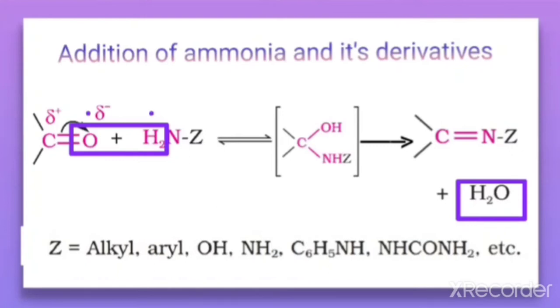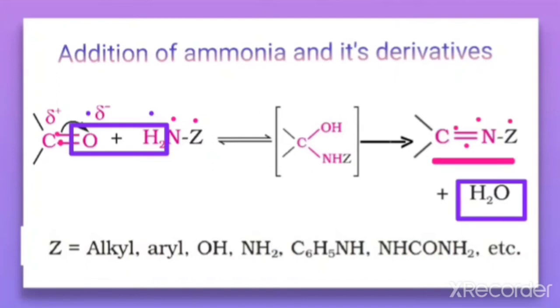When you remove them, you get one water, which is the side product formed here. Now what is remaining? One Z and one N, that is NZ, is remaining, joined with the double bond on that carbonyl carbon. So you get this product.